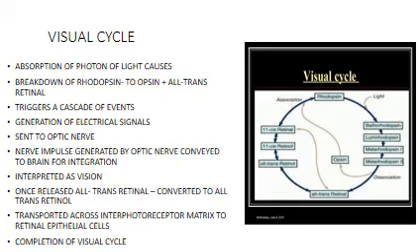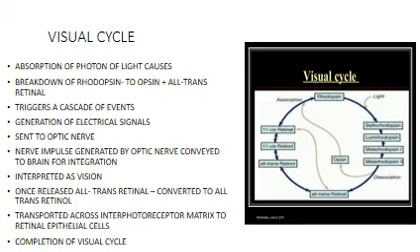So when light falls on rhodopsin, or the absorption of photons occurs, rhodopsin, as I told you, breaks down to give rise to opsin and all trans retinal. But there is a cascade of events that occur.